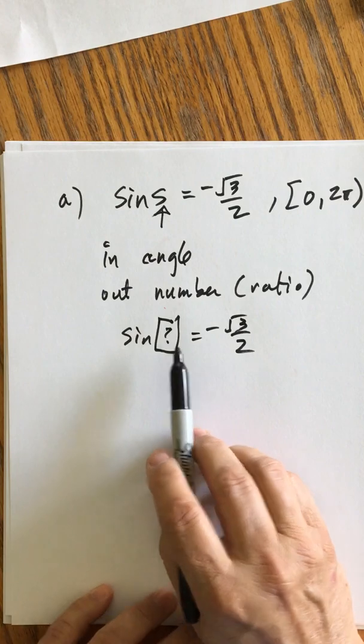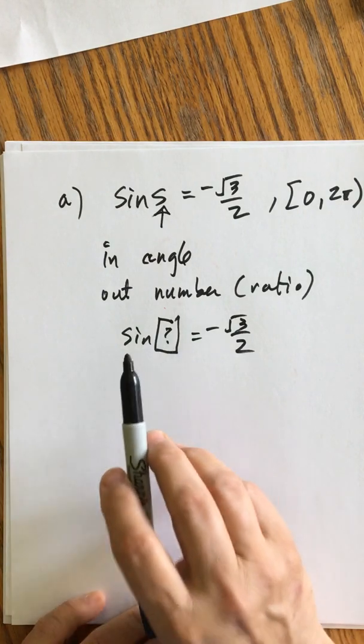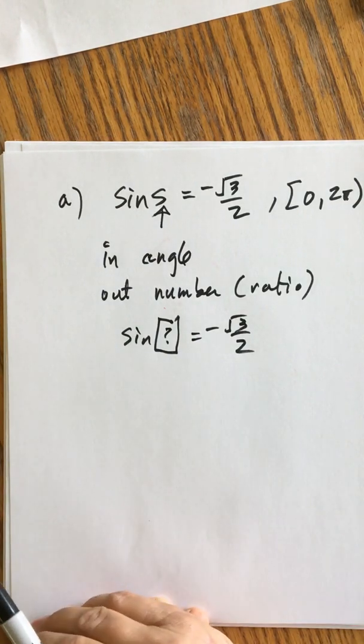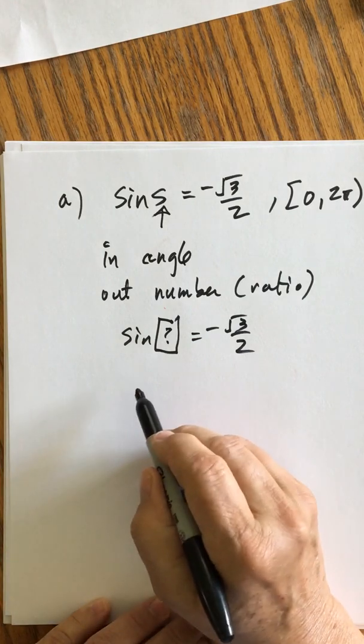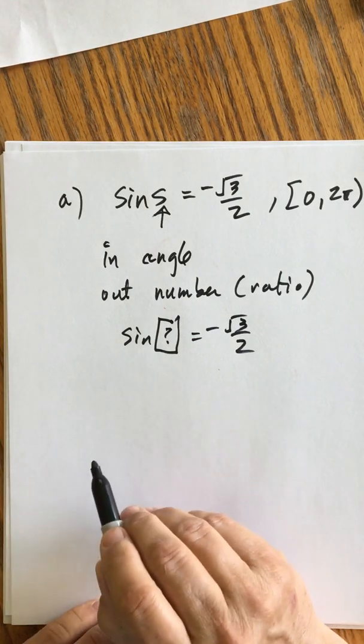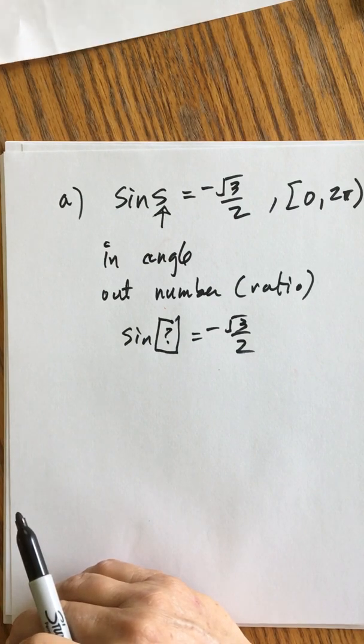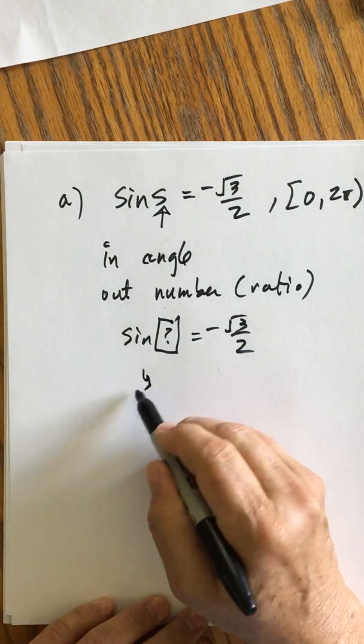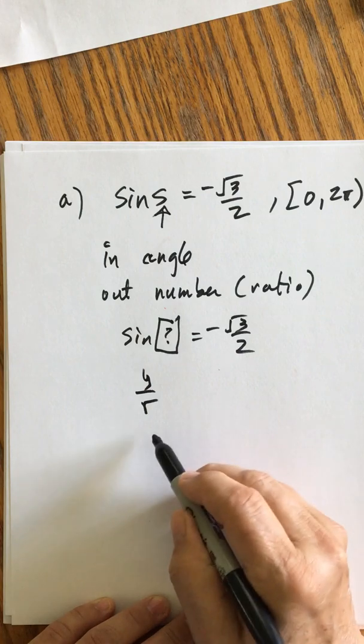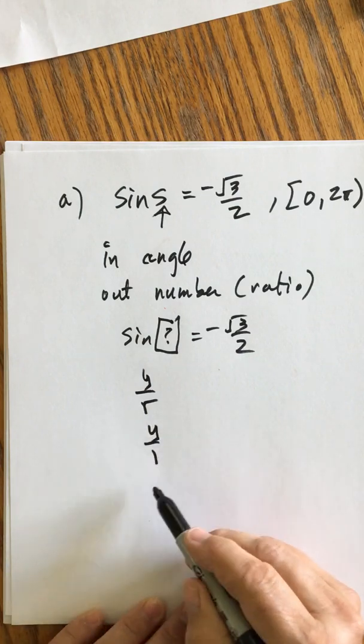Now, I'm looking for an angle, and I have to think about what the definition of the sine is. The sine is the ratio, and I'll pause for a second. When you're thinking of x, y, and r, do you remember what ratio that is? It would be y over r, but on the unit circle it's y over 1, which is really just y.